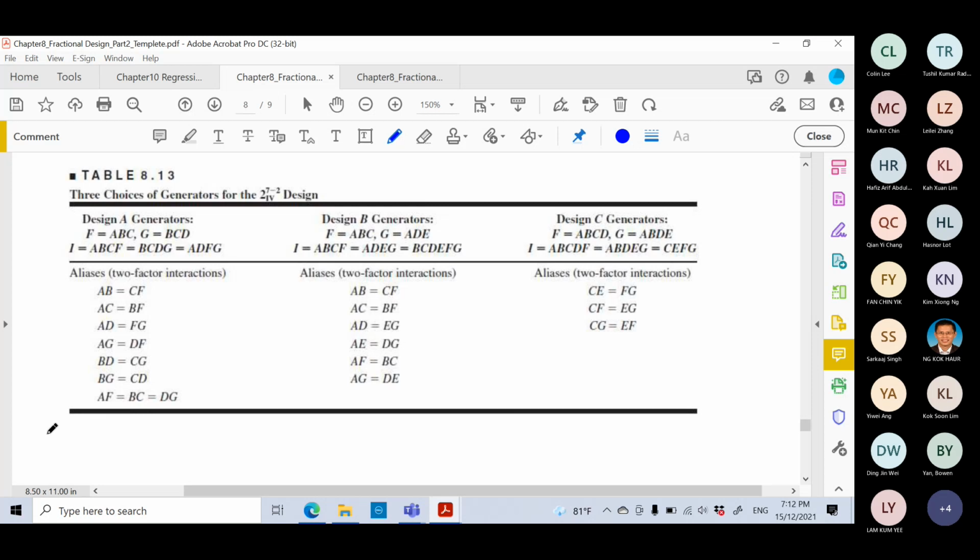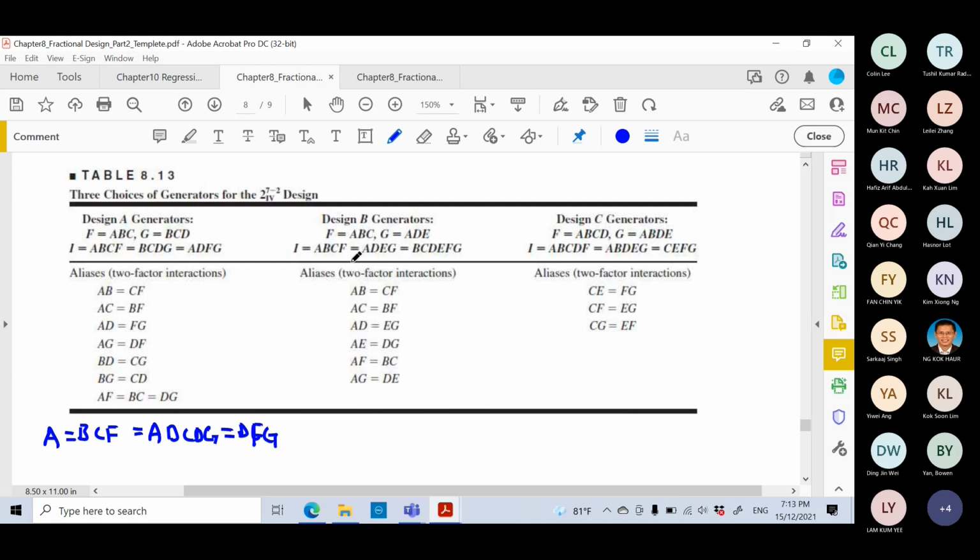Let's say I multiply by A, it will be equal to BCF, which will equal to ABCDG, which equals to DFG. So the main effect does not alias with the two-factor interaction, but the two-factor interactions will be aliased with each other. So this is the resolution 4 under this case.